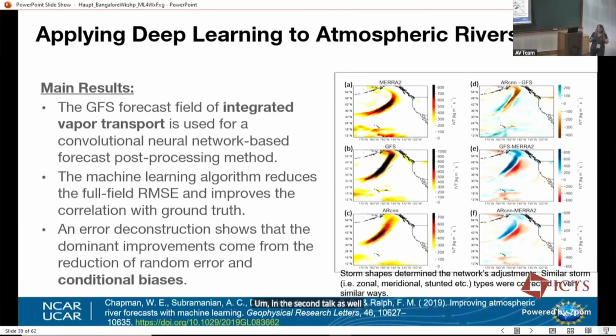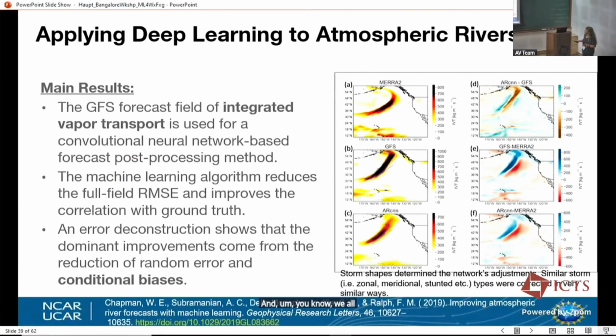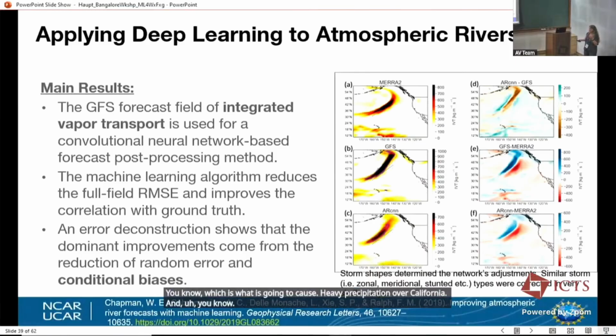But he was studying atmospheric rivers that hit California. And we want to be able to forecast fields of integrated vapor transport, which is what is going to cause heavy precipitation over California. And the GFS model, the operational model, does that.